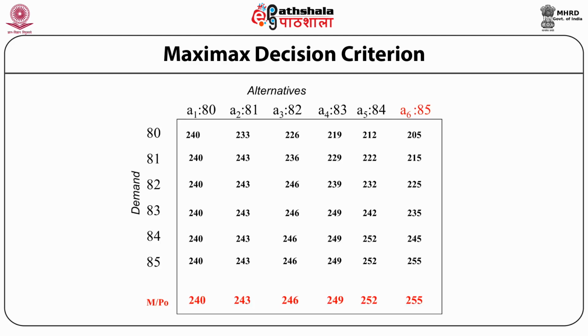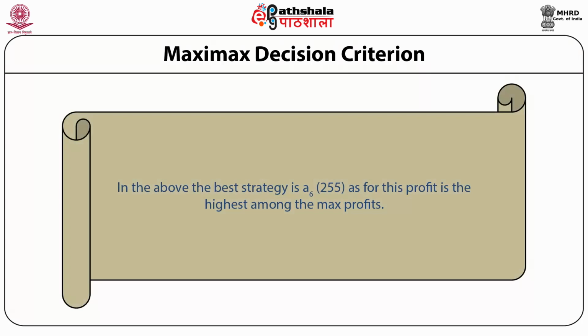So once we have calculated the highest payoffs for every course of action, now we can easily select the maximum of them. So in this case, 255 is the highest payoff out of the maximum payoffs of different courses of action.